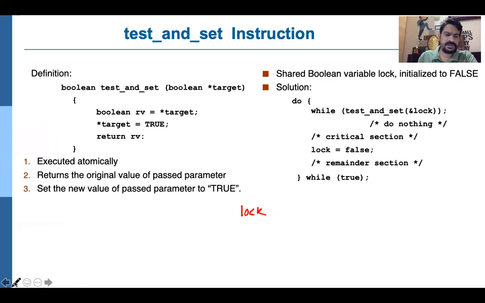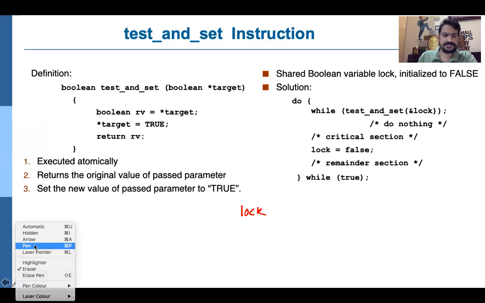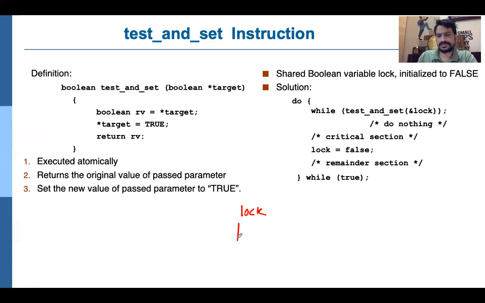Now lock is a variable. Because it is a variable, it has been assigned some memory. So let's say there is some memory address I am just writing here. 1020 is the memory address. And what is inside the memory address?